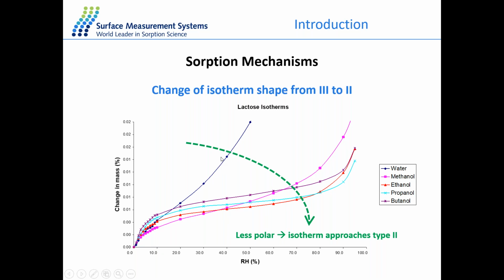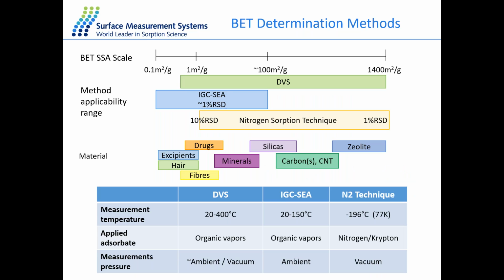This is not recommended for the calculation of BET surface area, but if we use butanol, propanol, or methanol, ethanol, those kinds of probe molecules, we will get a better result and also a better linear regression for the BET calculation.